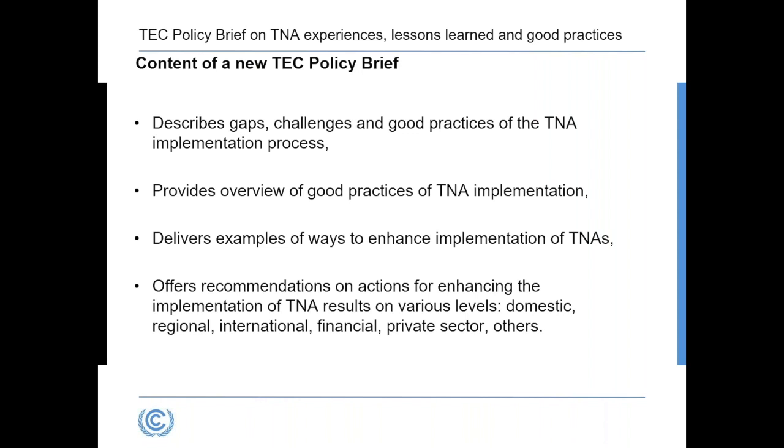Then we look at good practices as a specific chapter of the brief. We look at examples to enhance implementation, and we also offer recommendations on various levels. So what we try to distill from all this information from countries is how to tackle these barriers which I mentioned before, domestically, regionally, internationally, financially, with the private sector, and others.